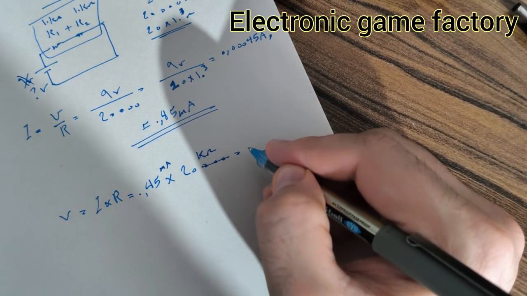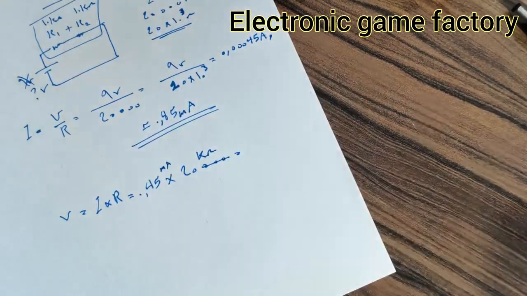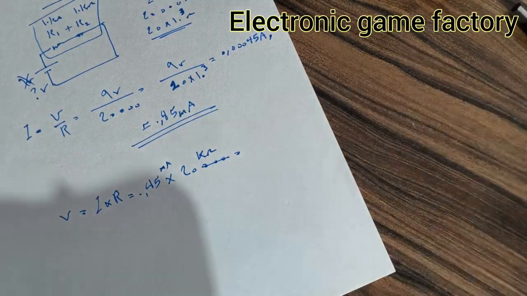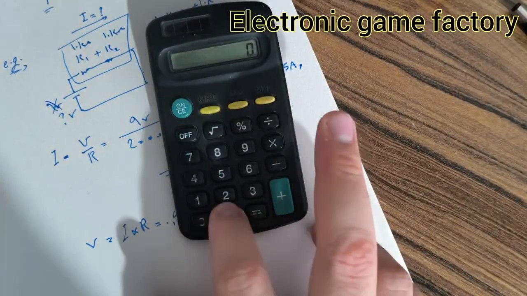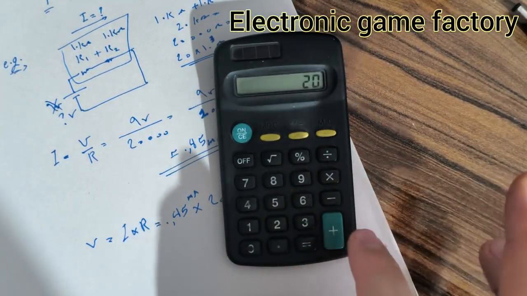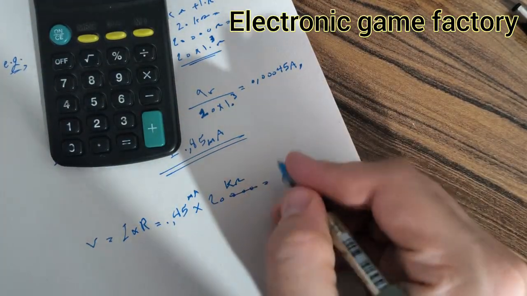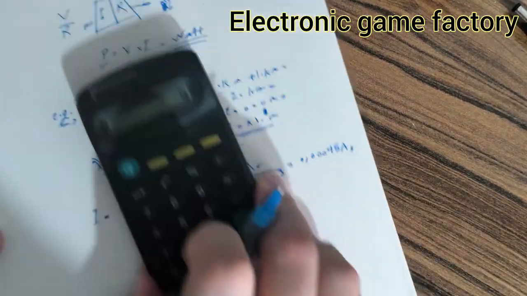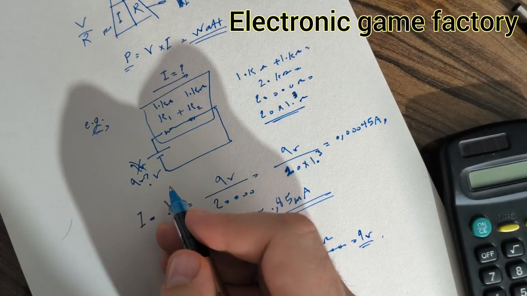So this can be 9, I think. Okay, let me bring my calculator. 0.45 times 20 is 9. So a 9-volt battery is adequate for this series.